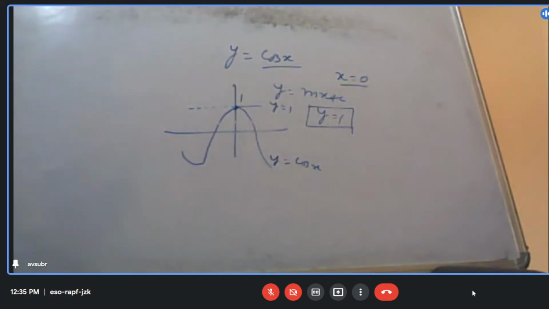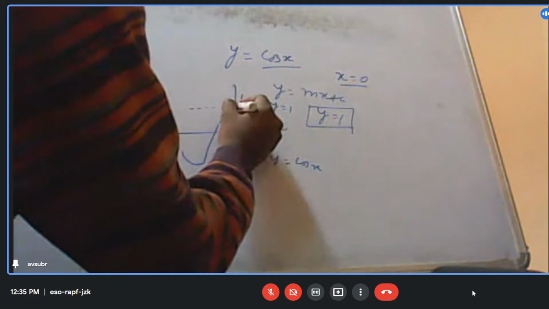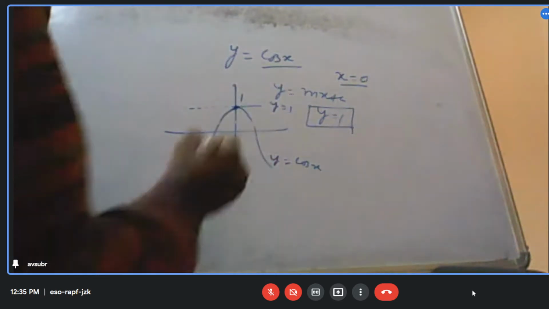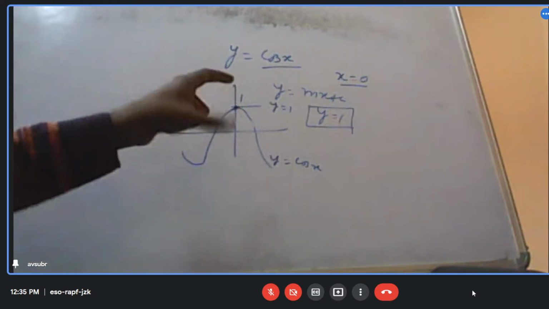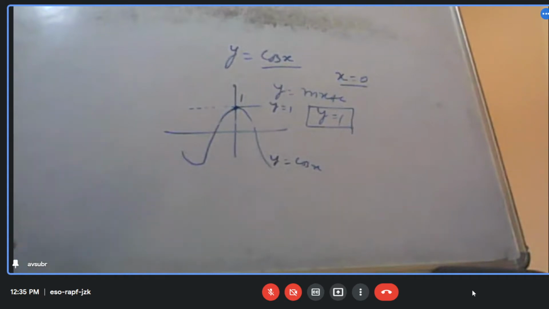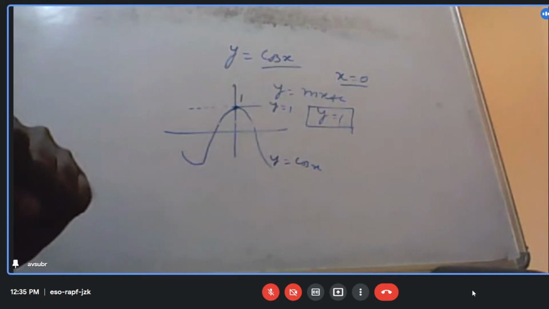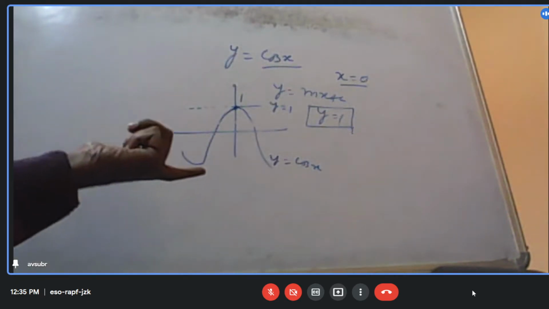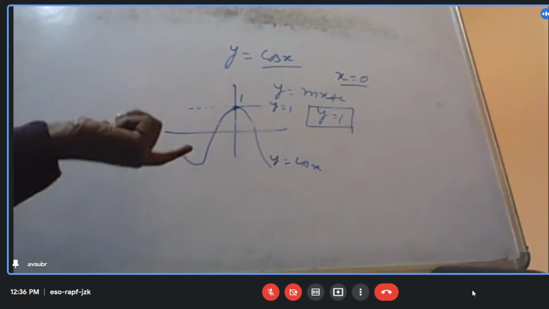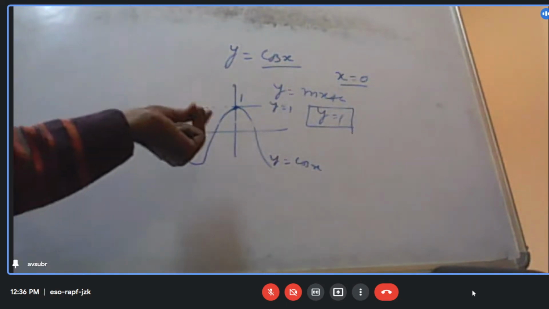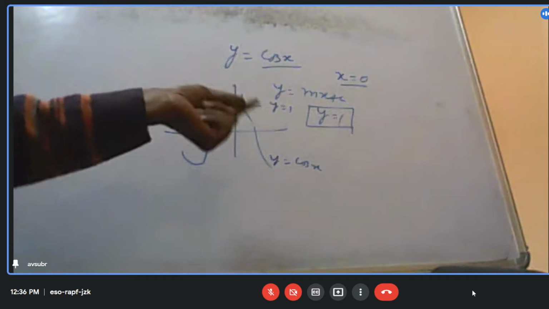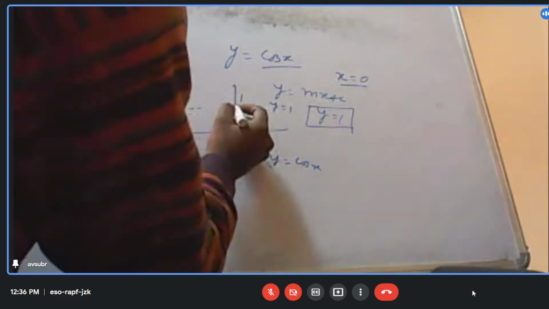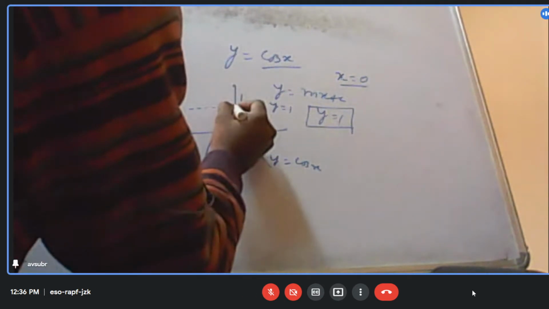Then we can see that very close to x equal to 0 we can find out some values, but those values are very close to 1, because this is fitting only in this particular region.